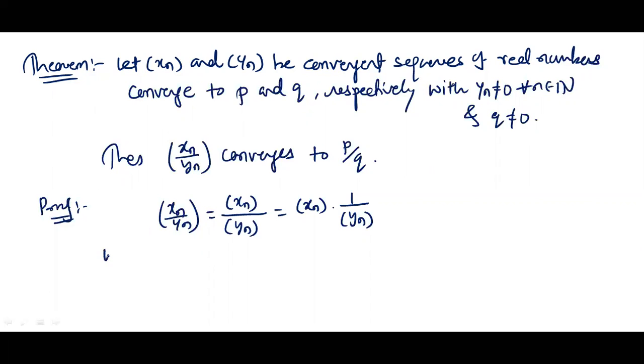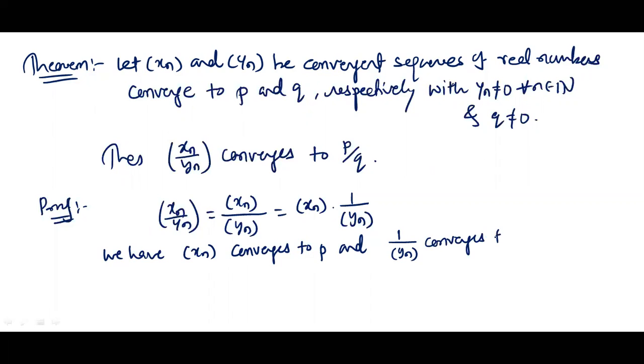Means we have xn converges to p and sequence 1 by yn converges to 1 by q by the previous result.